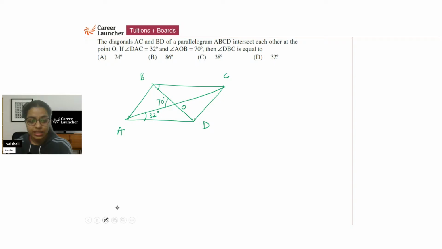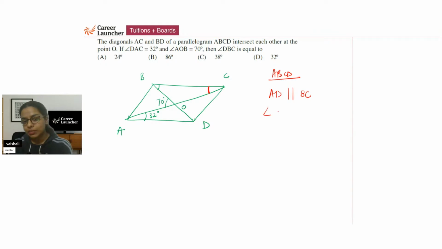So think and tell me, what all properties can we apply in this particular question? First of all, you will say if we are dealing with a parallelogram, what do we understand? कि AD is going to be parallel to BC, opposite sides are parallel. So can I say the alternate interior angles are going to be equal?